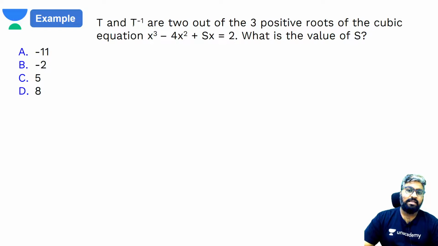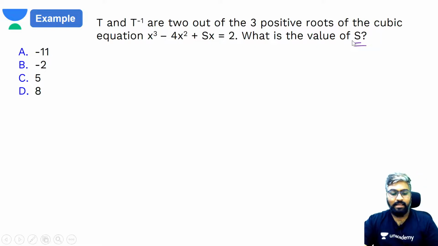Try reading this question. T and t power minus 1 are 2 out of the 3 positive roots of this particular cubic equation. They're asking what is the value of s. Let's see if you can quickly answer this. Jaldi.